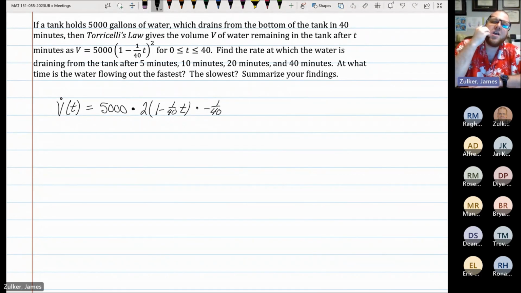Negative 1/40th. Two over 40 is 1/20th. 5,000 divided by 20 is the same as 500 divided by 2, which is 250.